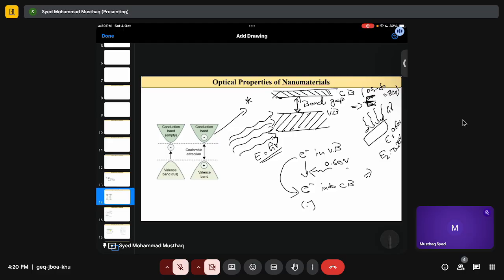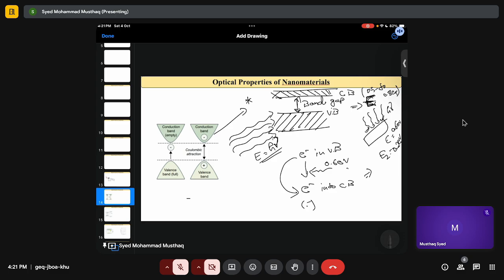And the light doesn't have that much energy, because the light has a very high wavelength, right?